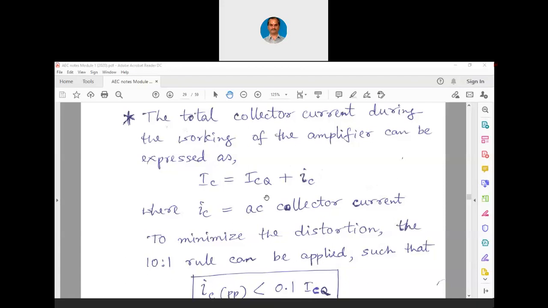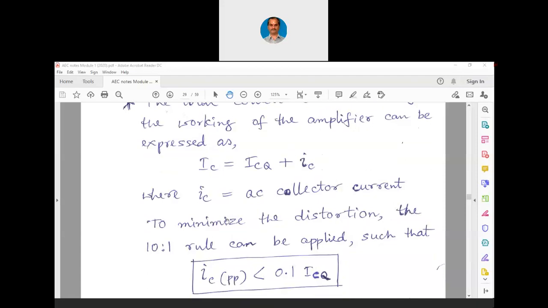So in our circuitry, we will have a combination of DC as well as AC counterparts. Now to minimize the distortion, we can apply the same 10:1 rule, which says that small ic peak to peak is less than 0.1 ICQ.